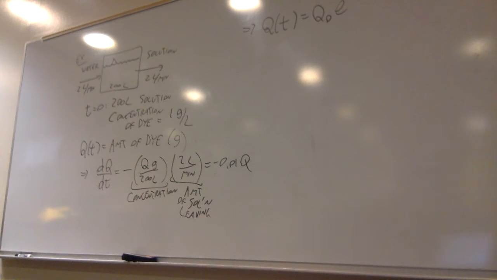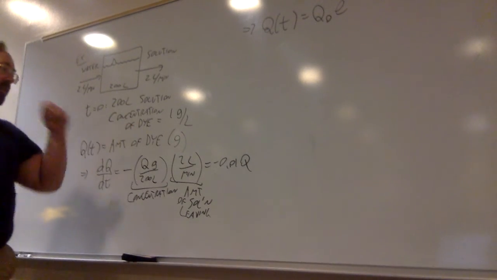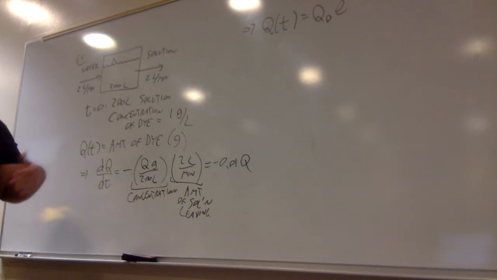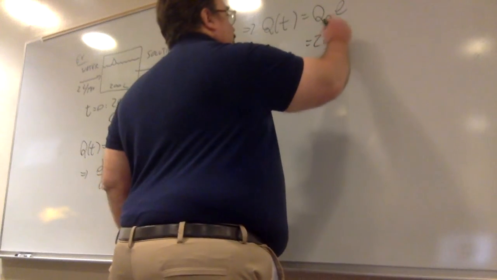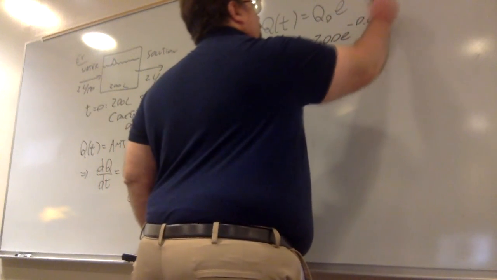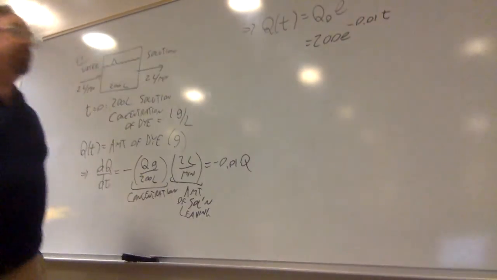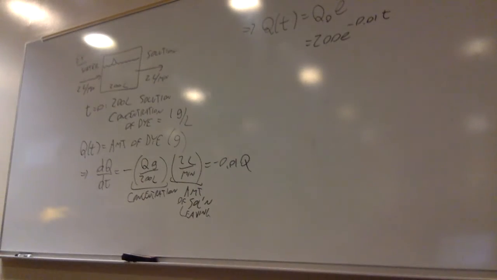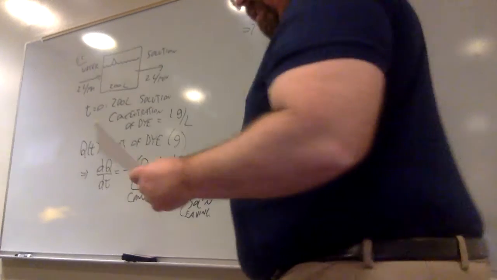Now the initial amount, 200 liters, and your concentration is 1 gram per liter, so the initial amount is going to be 200 grams. So 200 e to the minus 0.01 t. So that's how many grams of dye you have at any time.